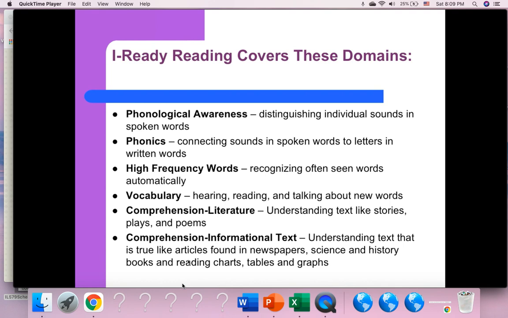That would be comprehension of literature. Whereas comprehension of informational text has to do with articles that you read in the newspaper or magazines, or that you see in your science and history book. And even reading charts and graphs and tables in math would be a part of comprehending informational text. So those are the things we'll cover when we look at the reading report.